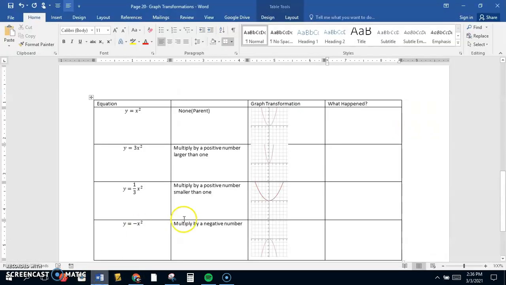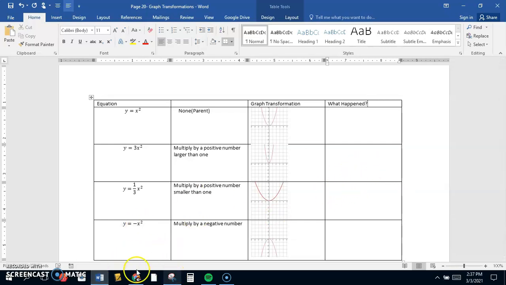On this sheet, you would say wider, and you would write the words either vertical shrink or vertical compression. Stretch is more narrow. So here you would say either vertical shrink or vertical compression for the wider part. Again, stretch is more narrow.